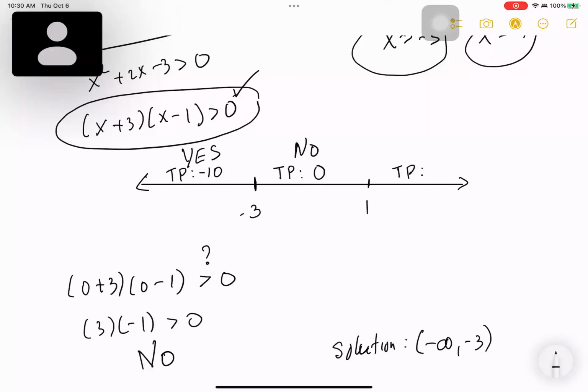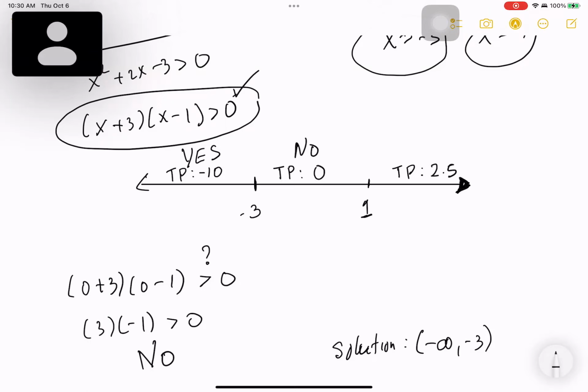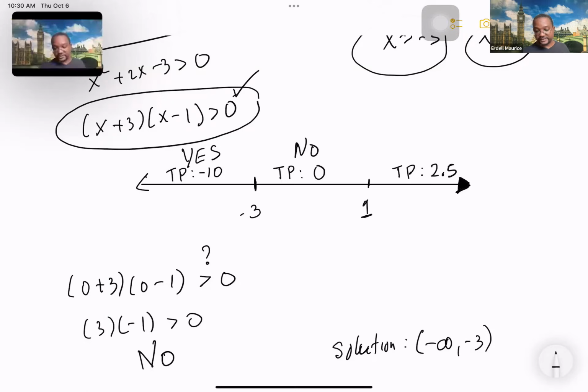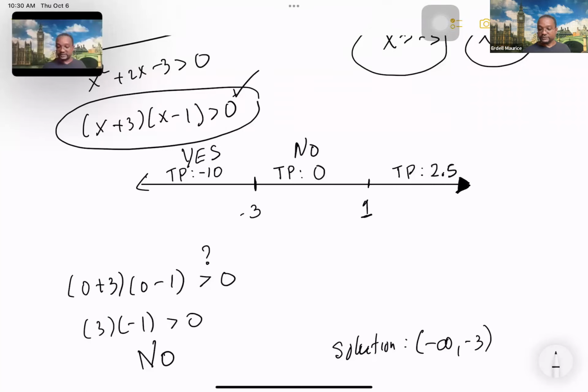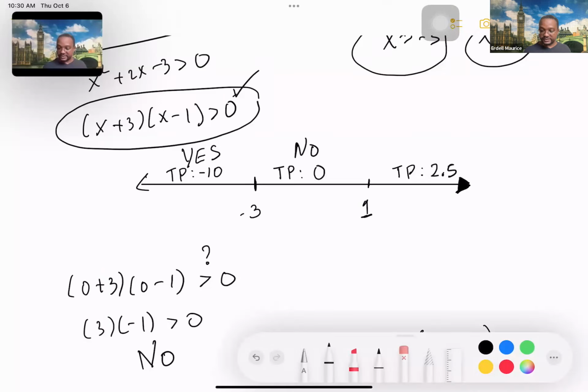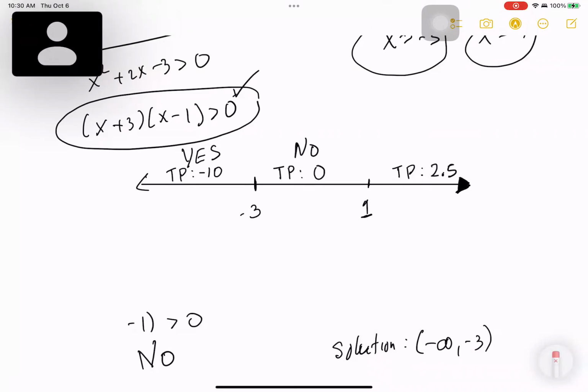I already selected 2.5. Is that good, or do you want to use a different number? Yeah, that's fine. It doesn't matter. You just need to select a number that's in there. And again, we have to check the inequality to see if the inequality is correct. What about 3? Okay, all right, fine. We'll do 3.